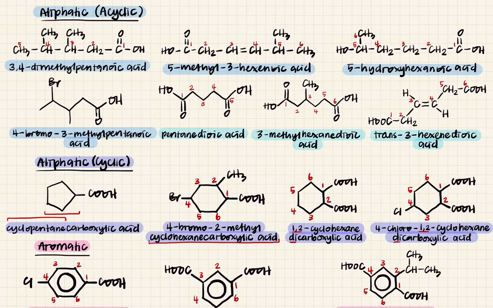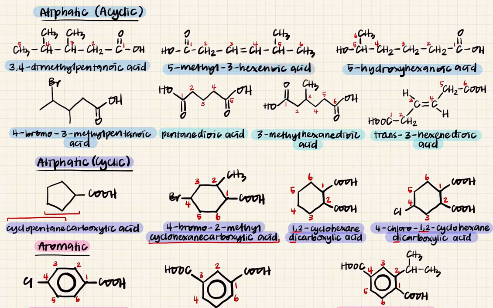Let's say if you have an alkene and a carboxyl group, your priority will go to the carboxyl group. So this will be carbon number 1. This one you also name as usual. It will be hexenoic acid. Oic acid at the very end means that this will be your parent.